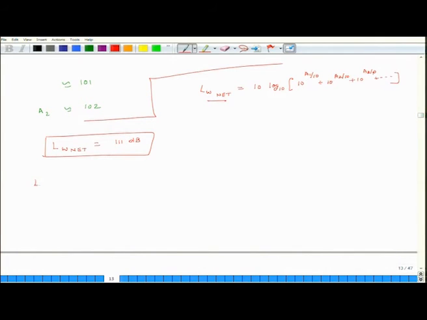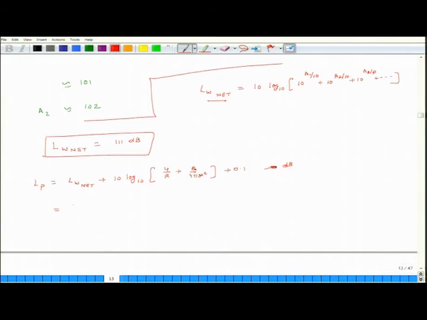LP is equal to LW net plus 10 log 10 of 4 over R plus Q by 4 pi r square, plus 0.1, and the units are in decibels.